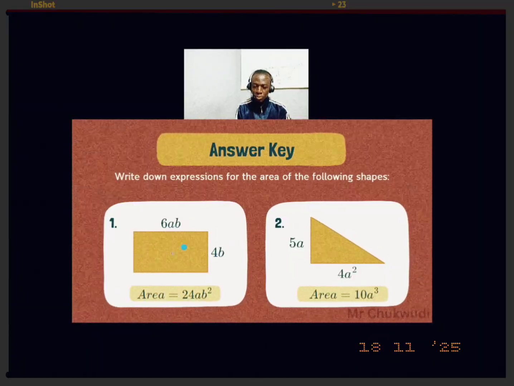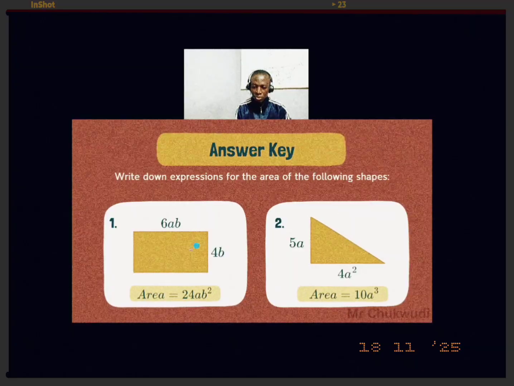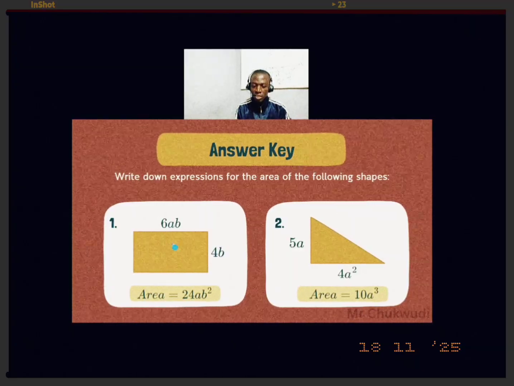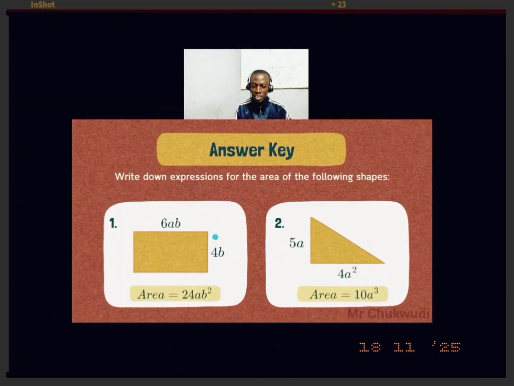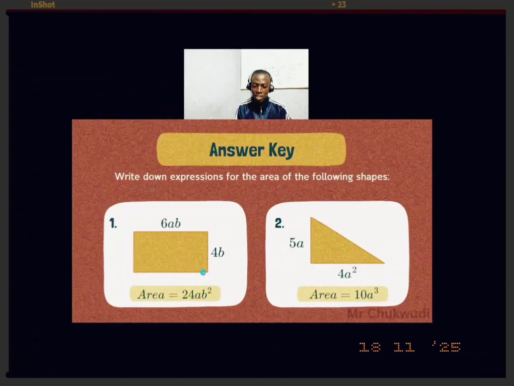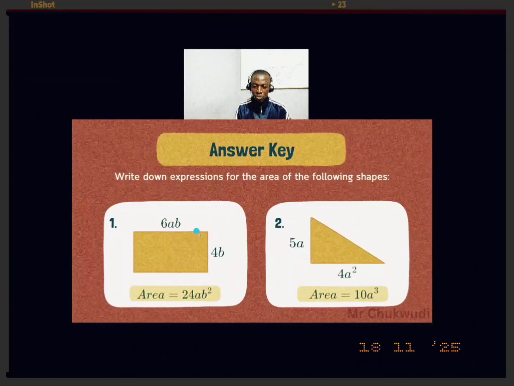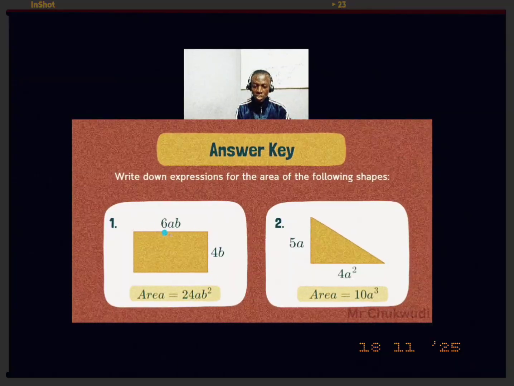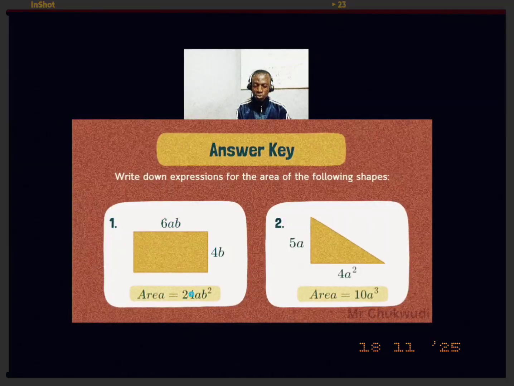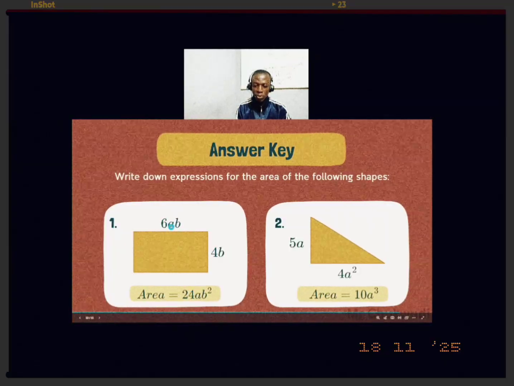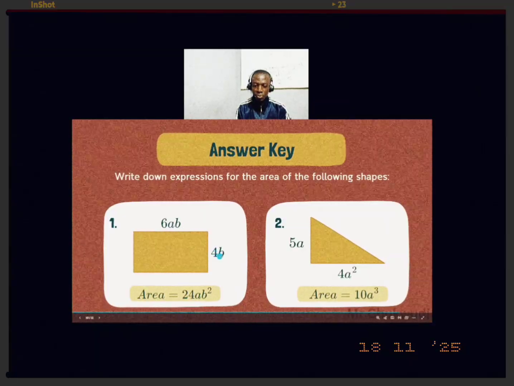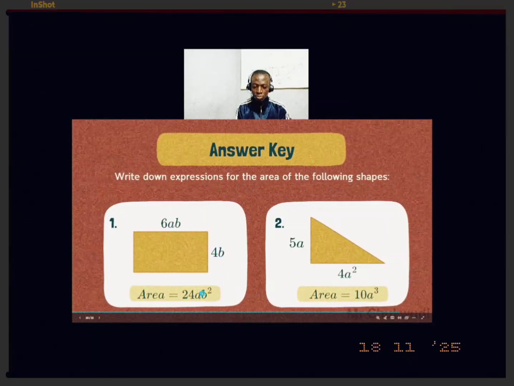Now this shape is a rectangular shape, and the formula used in calculating the area of a rectangular shape is length times breadth, or sometimes you can say length times width. So all you need to do is to multiply this and this. 6 times 4 will give us 24. We have only one a here, there is no a here, so we'll bring it down. Then b times b will give us b squared.